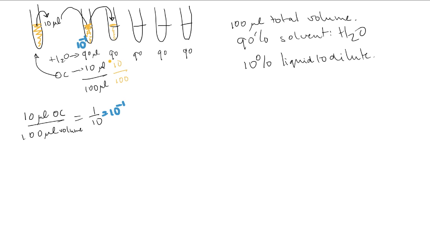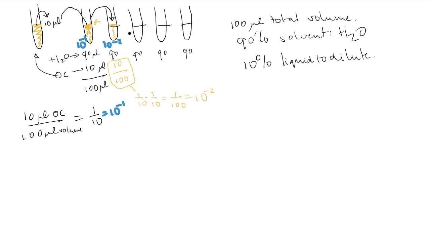So here again, I have made a 10 in 100, or 1 in 10 dilution, but I've made a 1 in 10 dilution of this first tube, which was already a 1 in 10 dilution. So I've made a 1 in 10 dilution of a 1 in 10 dilution, which is a 1 in 100 dilution, which is 10 to the negative 2. So this tube here becomes 10 to the negative 2.